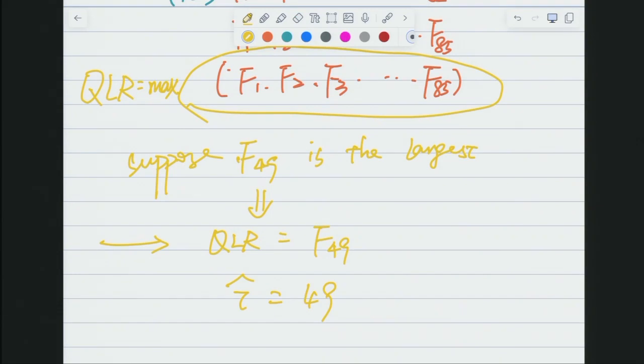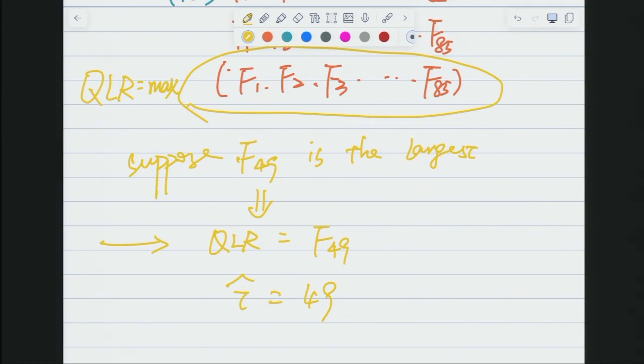Now let's take this to the example we saw on Monday about GDP growth. Remember, we suspected there's a structural break because apparently before somewhere around 1985 or let's say 1990, the series seems to have a higher mean and higher volatility, compared to post-1990 where we have a smaller mean and a smaller standard deviation.